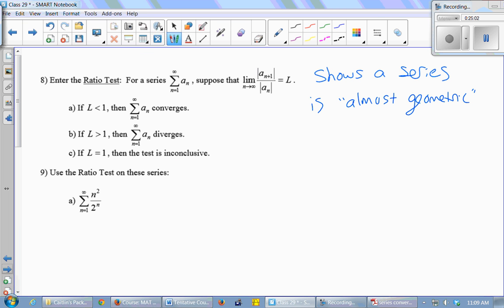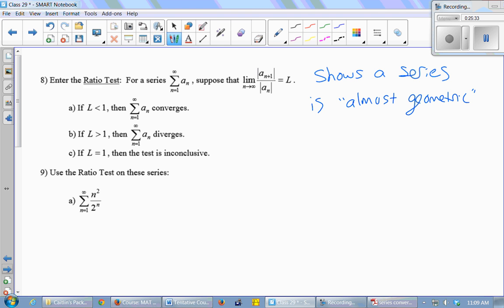Okay, so a series can be almost geometric if it's not always the case where if you divide two successive terms, you get the same number. But it might be the case where that happens if you go far enough out in the list. Right? If you write out enough terms that eventually every term divided by the one before it gives you the same number. So the ratio of successive terms is approaching a limit.